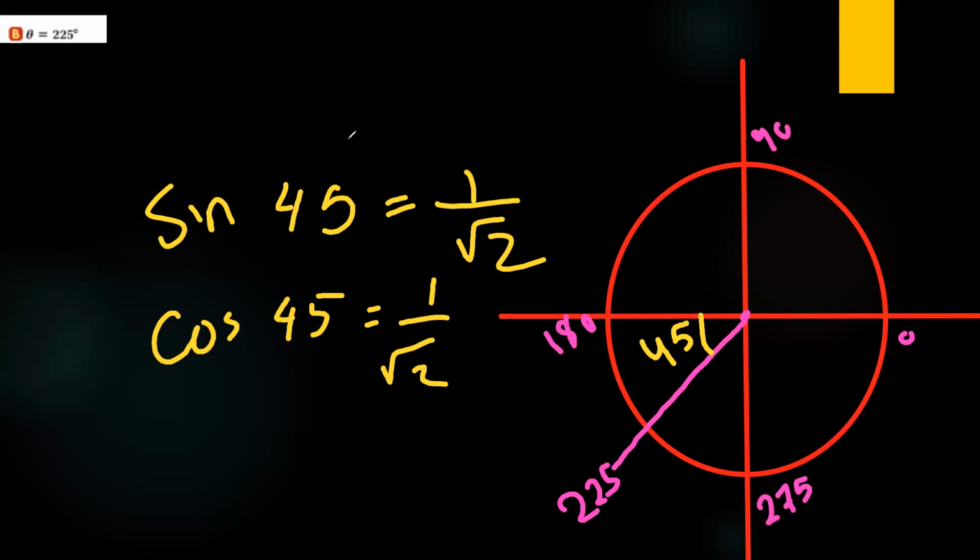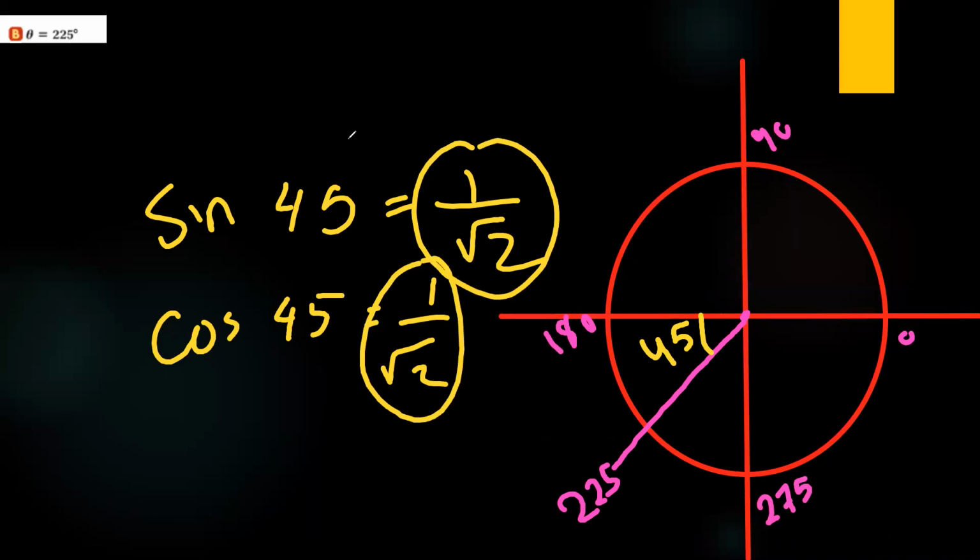Is it right? We know this from before. I will use these two numbers to find the cosine and the sine for 225, because 225 is an angle that is rotated 45 up from the angle 180. Do you know now why I used the cosine and sine of 45?